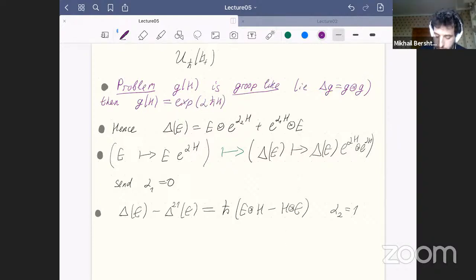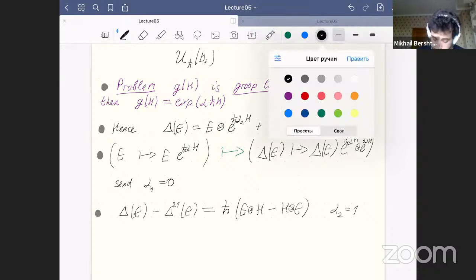Maybe I have to assume that g of h is equal to 1 plus h bar, 1 plus O of 1. Maybe that's not necessary, but okay, let me erase it. And we will see. So, okay, I put h bar here. So if I want, then I should put it everywhere. I will correct my notes, and alpha 2 is equal to 1.